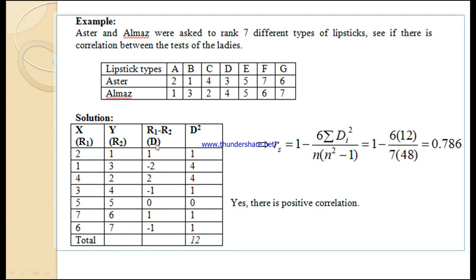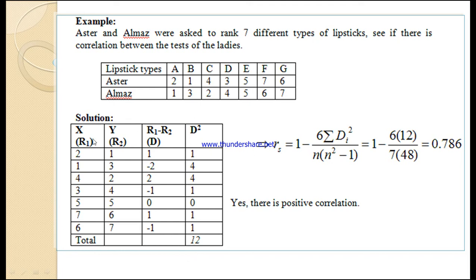When we square the difference in ranks, or d, 1 squared is 1, negative 2 squared is 4, and we work in this manner. Finally, when we add together the d squared terms, we obtain 12. Therefore, the sum of d squared is 12.